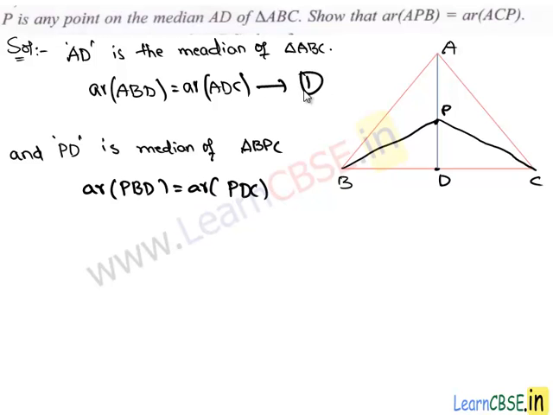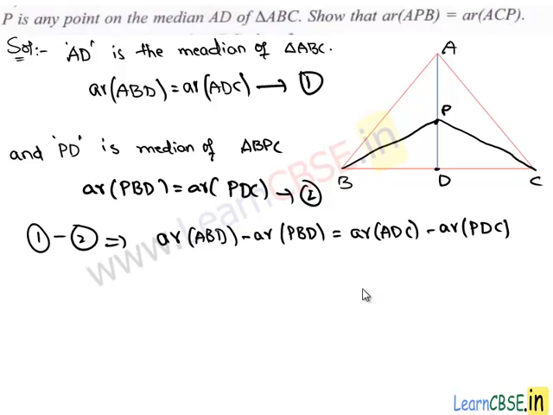Now we got two equations, equation 1 and equation 2. Let's subtract equation 2 from 1. That implies area of triangle ABD minus area of triangle BPD is equal to area of triangle ADC minus area of triangle PDC. Here what we get? When we subtract the area of triangle PBD from ABD, then we get the area of triangle ABP.